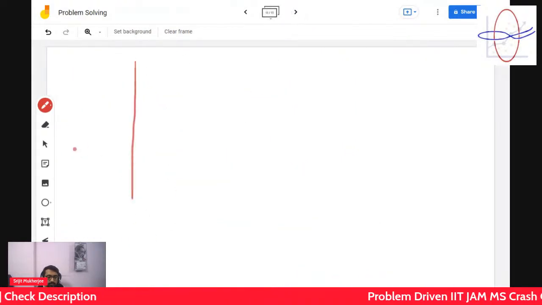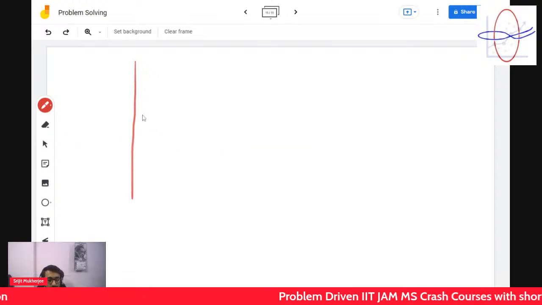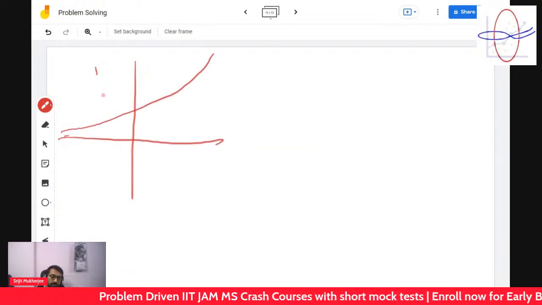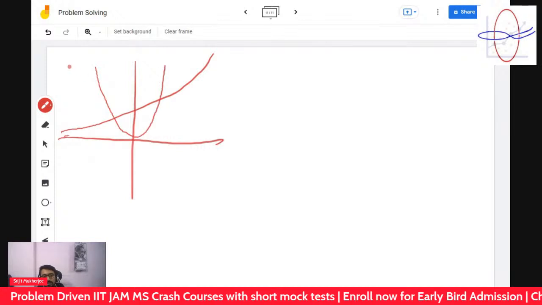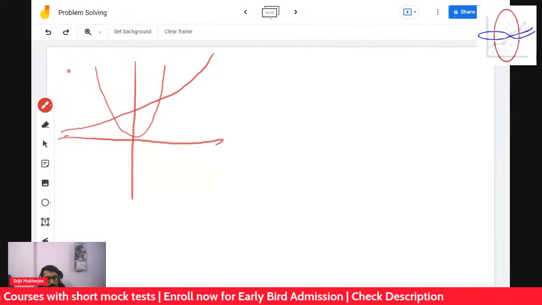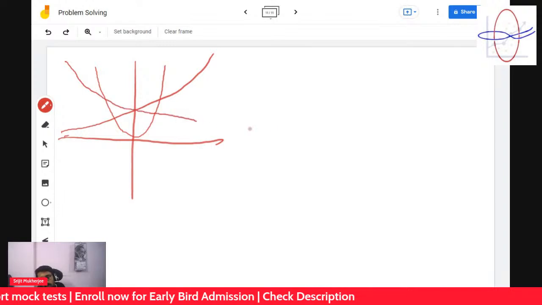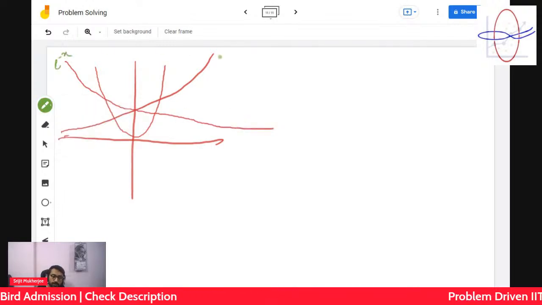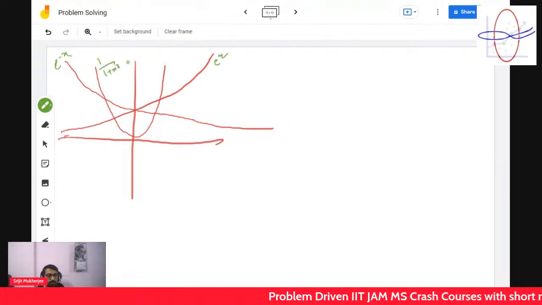So let's try to understand. E to the power x is like this, and 1 plus x square is like this. E to the power minus x is like this. These are hard problems, and you have to do this.